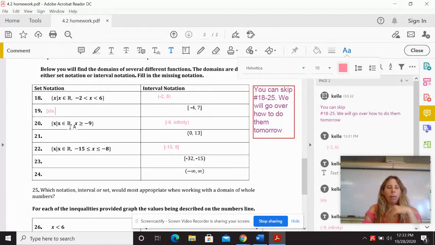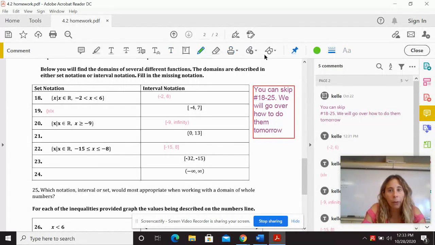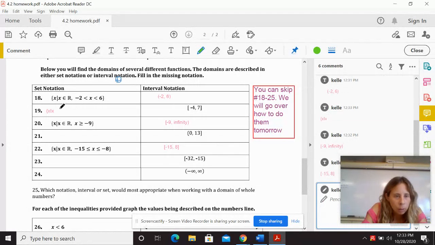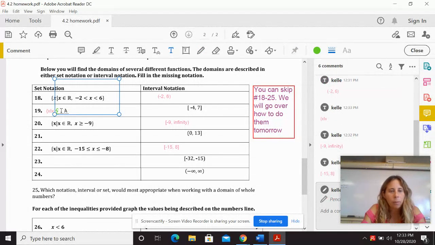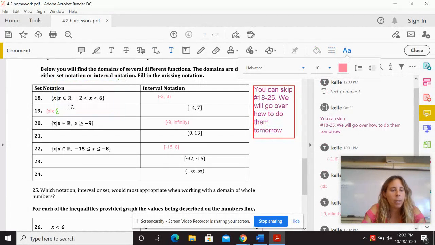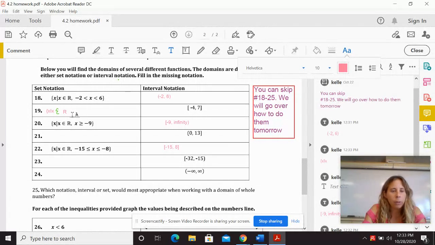You guys will be writing this by hand, so do your best to draw the E for element. Of all real numbers, comma.